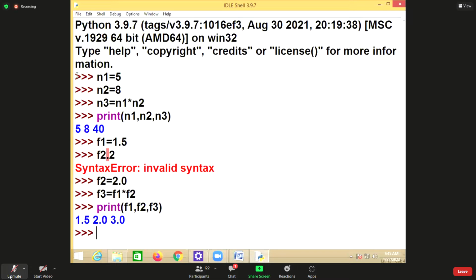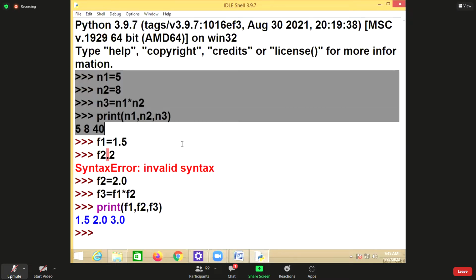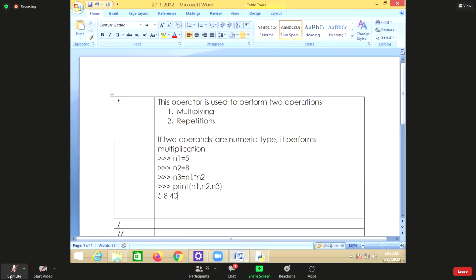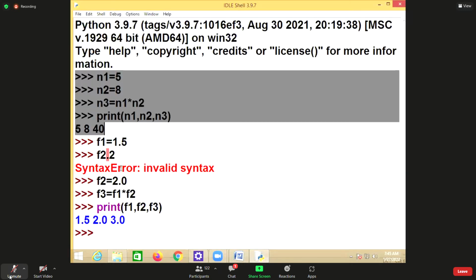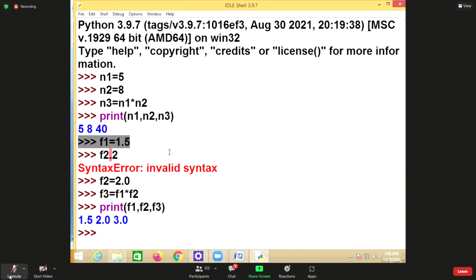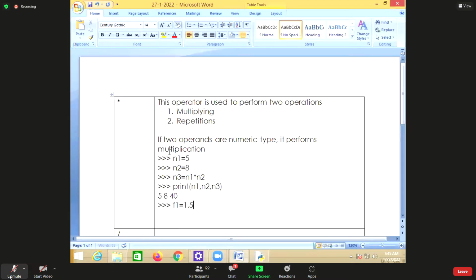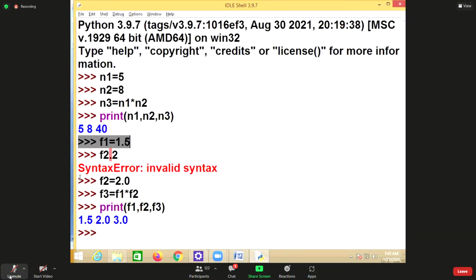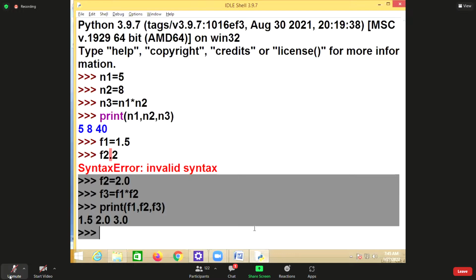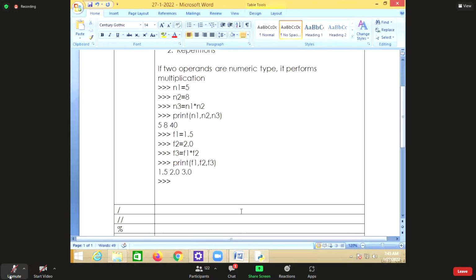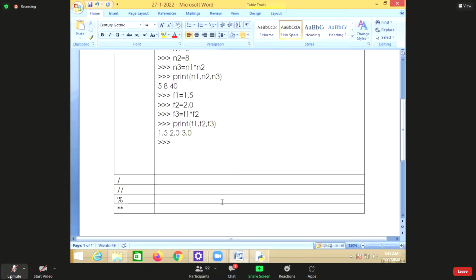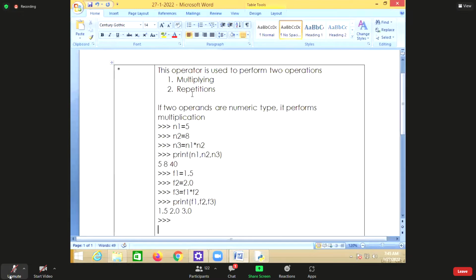So if it is a numeric type, it will do multiplication. Yes, it is also used for repetition.